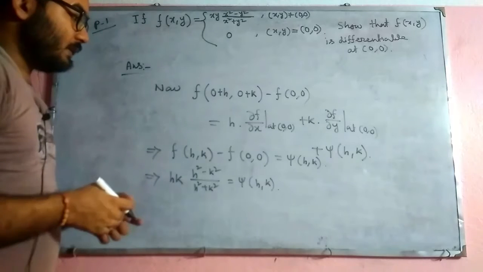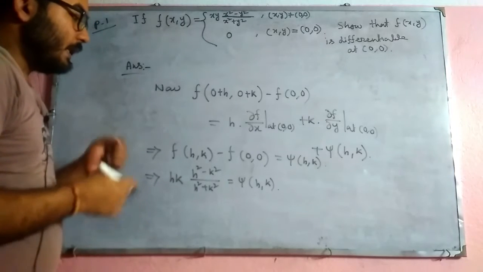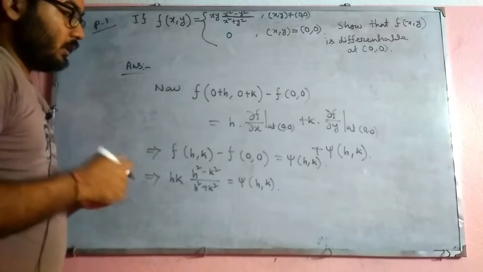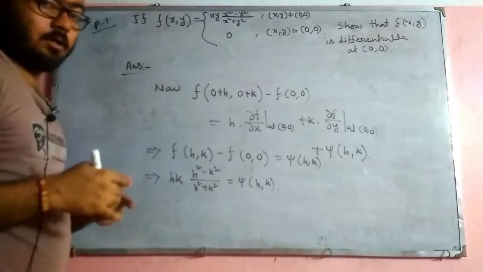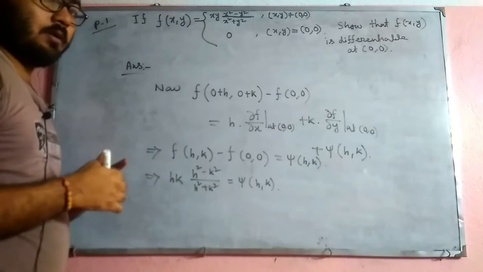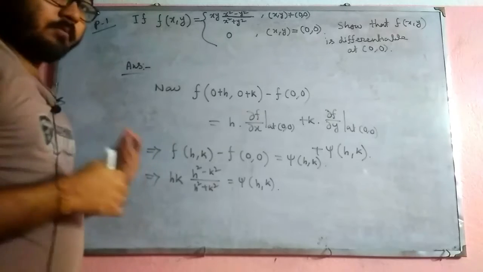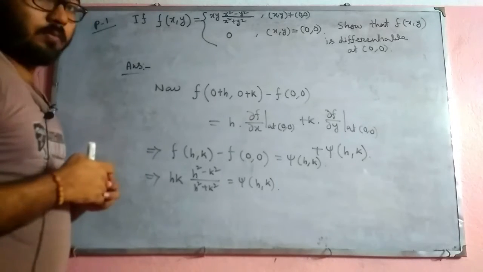Now we have to prove that the limit as (h,k) tends to (0,0) of this ξ(h,k)/√(h²+k²) is equal to 0, okay. Then our problem will be completed.